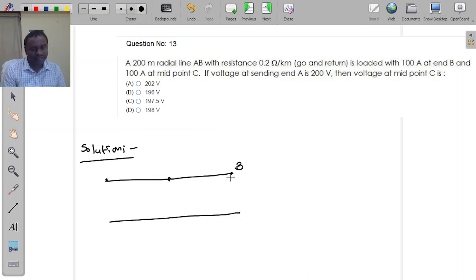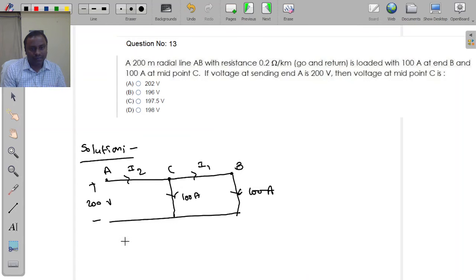At the receiving end there is a load with 100 amps, and at the midpoint another load with 100 amps. At the sending end we have the voltage of 200 volt. Let's call this I1. Let's call this I2.